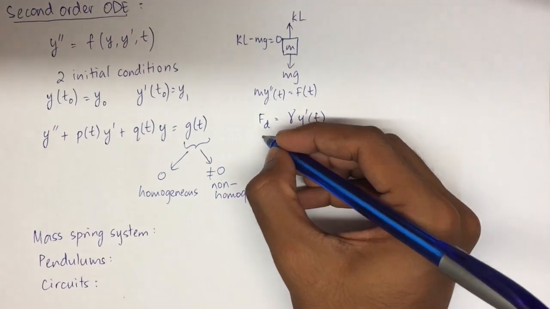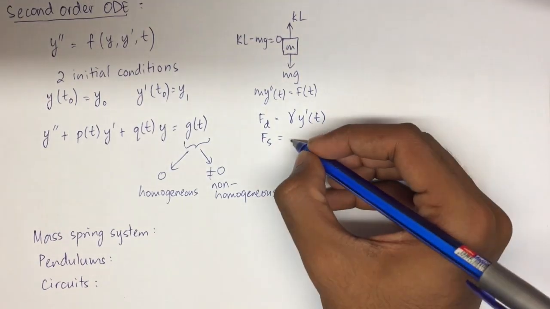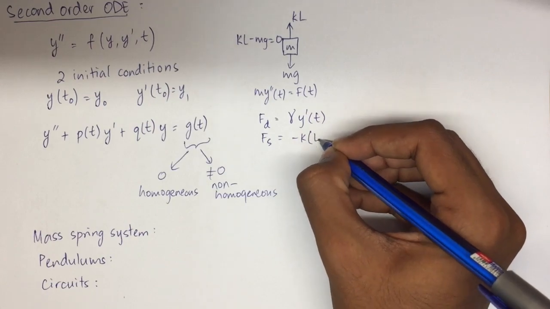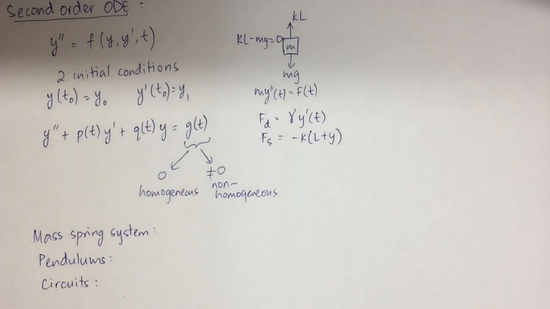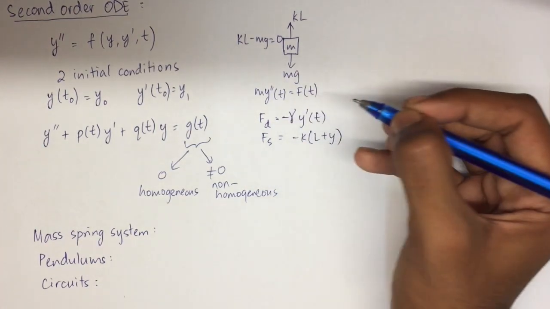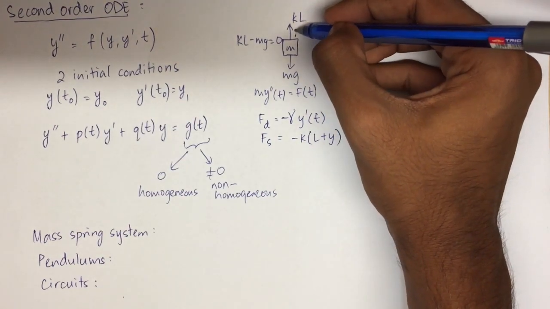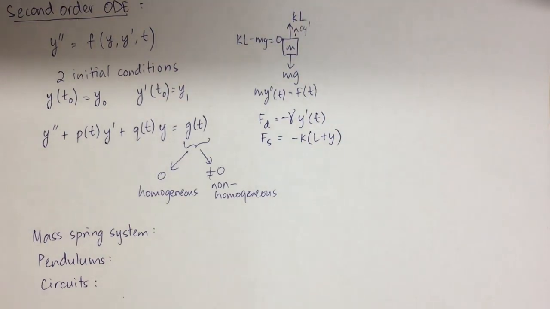And hence the spring force, for an extension of y, in meters or centimeters, would be minus k times L plus y. Sorry, if you look at the directions, there is another symbol, because damping also acts that way, so c times y prime.